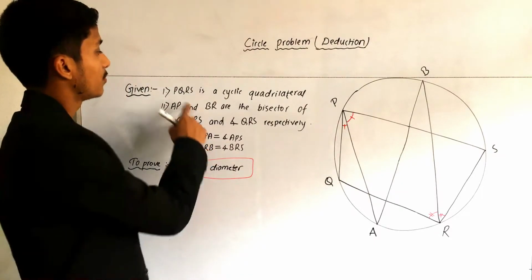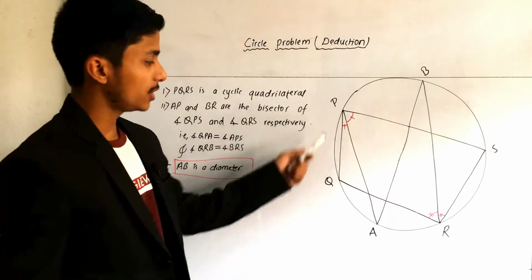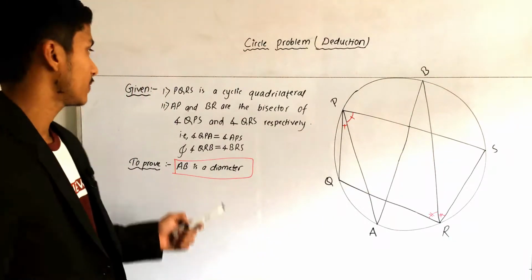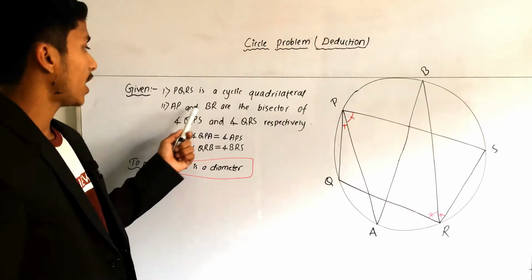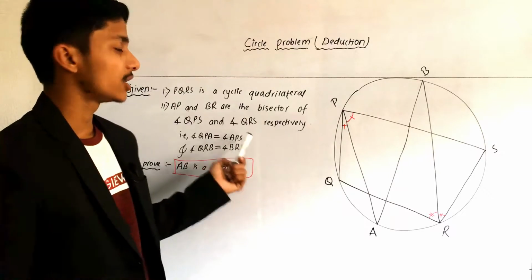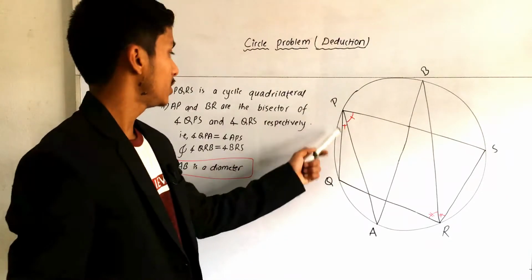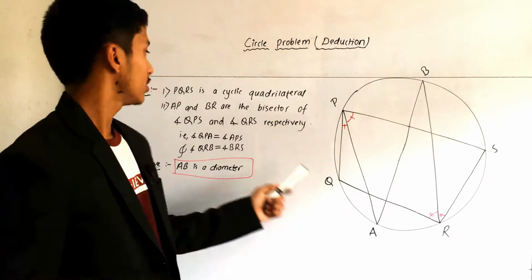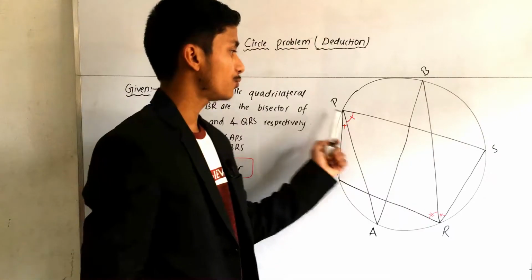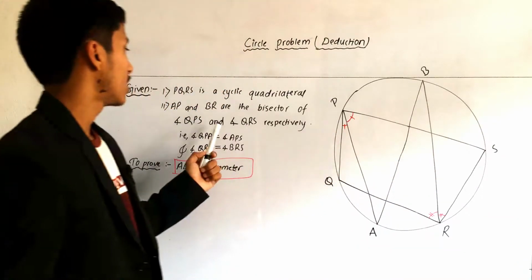First, PQRS is a cyclic quadrilateral. AP and BR are the bisectors of angle QPS and angle QRS respectively. AP is the bisector of angle QPS. Bisector means this angle equals this angle.